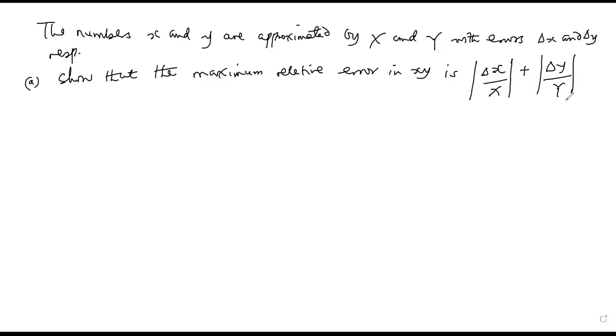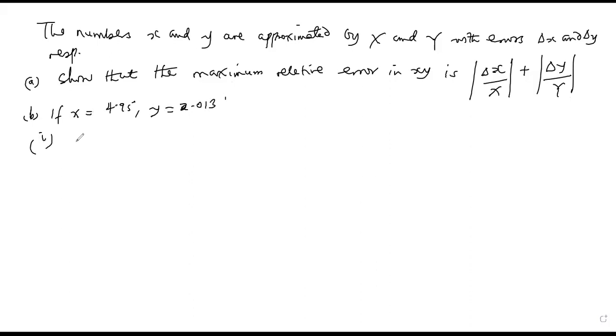And then the other part was (b): if x is equal to 4.95, y is equal to 2.013, are each rounded off to a given number of decimal places.